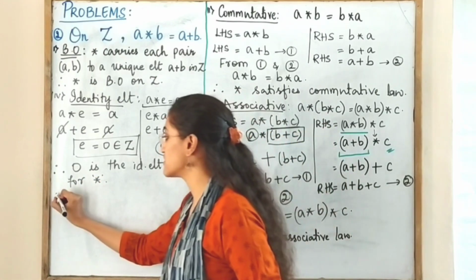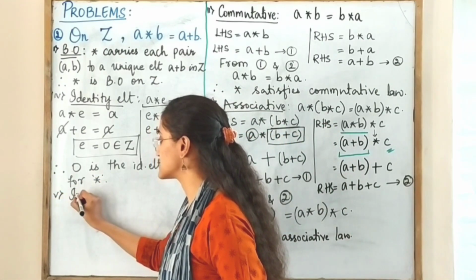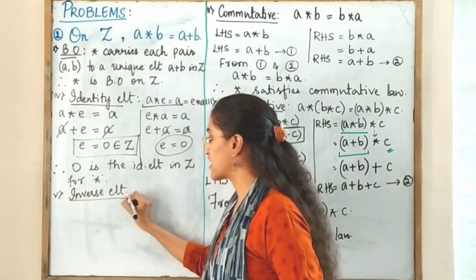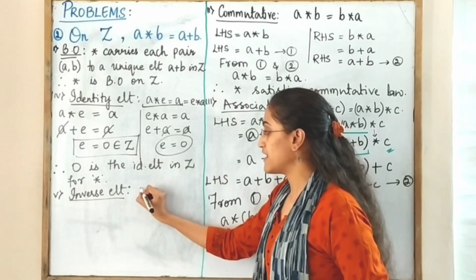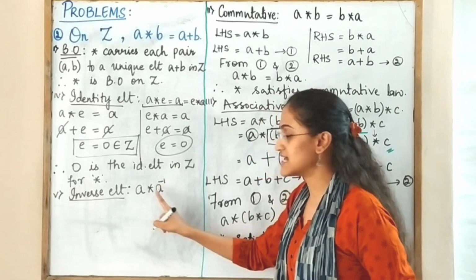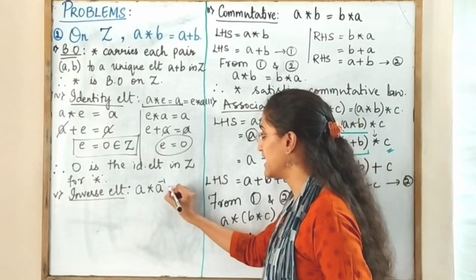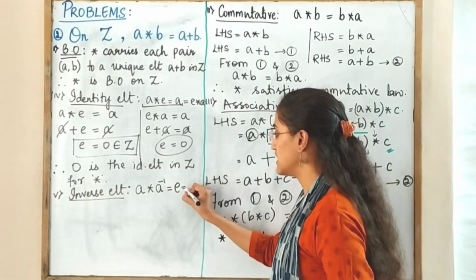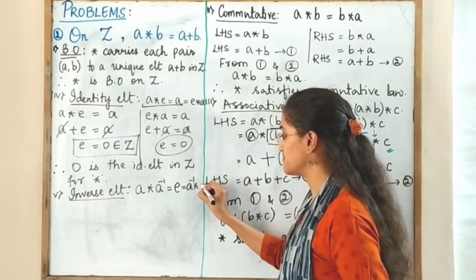Now going on to the last one, that is existence of inverse element. According to the condition, if A is an element, then A inverse is denoted as the inverse of the element A, which gives us the identity element back, and even the reverse.